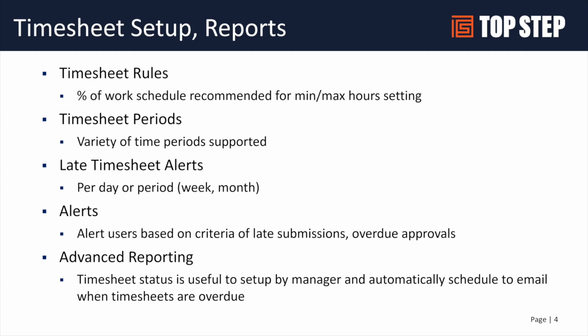And then obviously there's also alerts for overdue approvals. So as you have different approval processes, you want to get those submitted timesheets approved as well. So those alerts are available. And then lastly, in the advanced reporting module, there are a couple of reports that are basically for monitoring the time process.